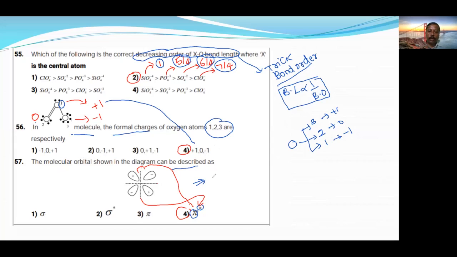You can go through that. Pi bond means sideways overlap, repelling with each other means star. Anyhow, that is already explained completely in detail. Understood? So let's see the next slide.